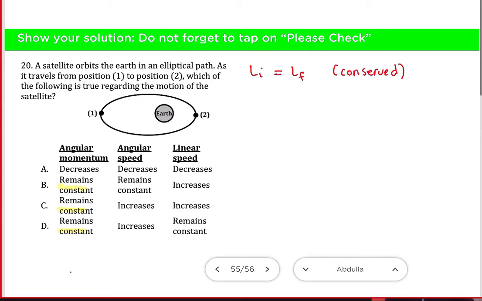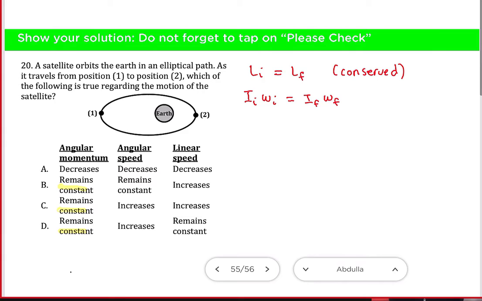Now, as we expand the fact that the angular momentum is conserved, or as we expand Li is equal to Lf, we have the formula: the moment of inertia initial multiplied by the angular velocity or speed initial should be equal to the moment of inertia final multiplied by the angular velocity final.